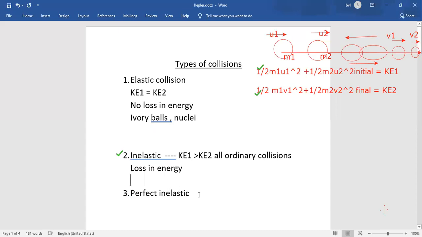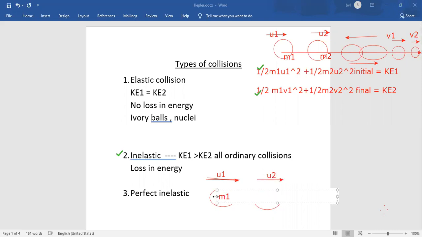So now we have to go through the third one, perfect inelastic collision. During this perfect inelastic collision, the first object is moving and the second object is also moving. This is the velocity u1 of the first object and u2 is the velocity of the second object, and m1, m2 are the masses.